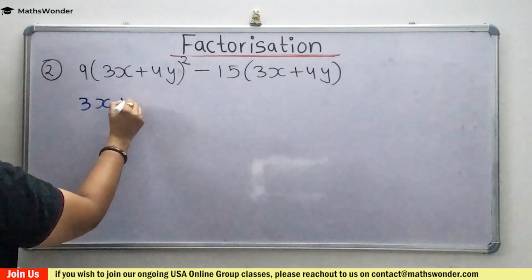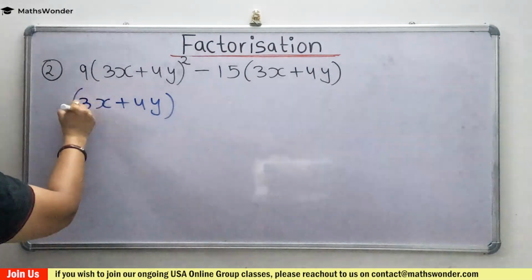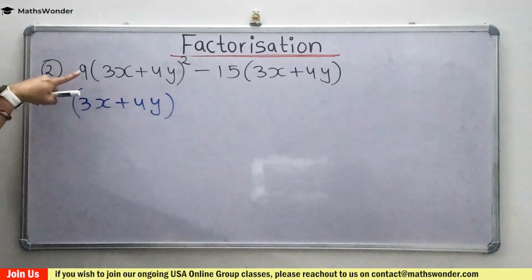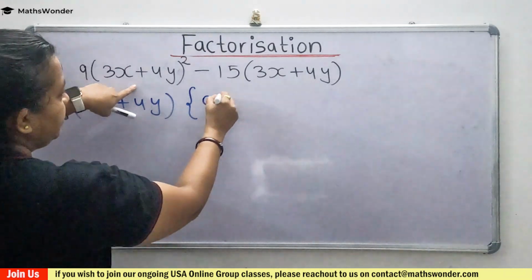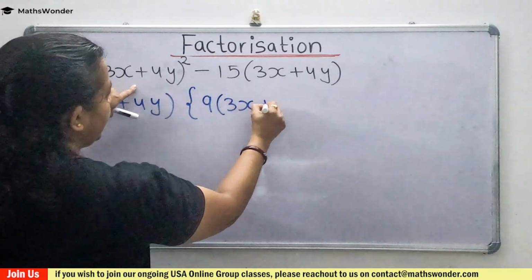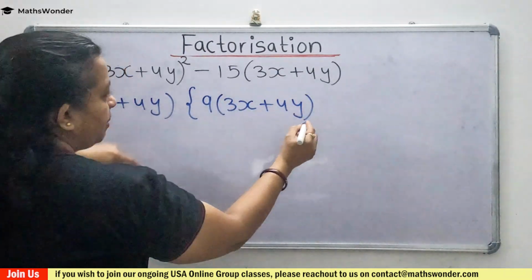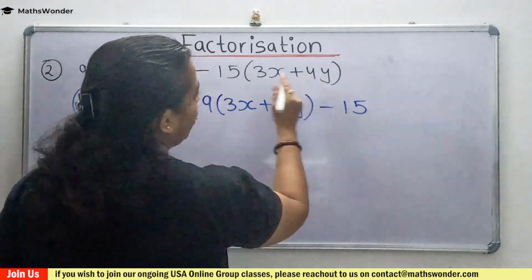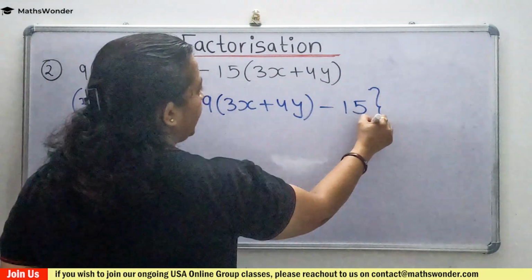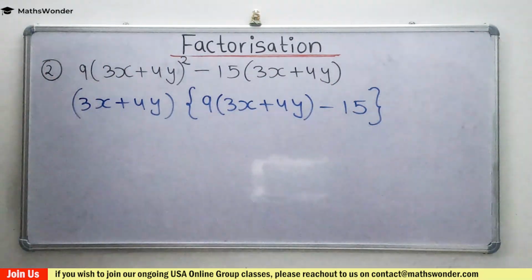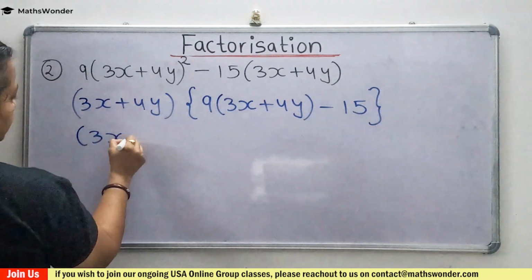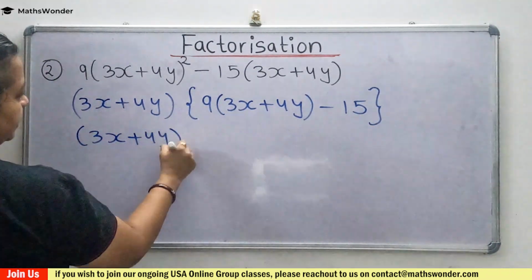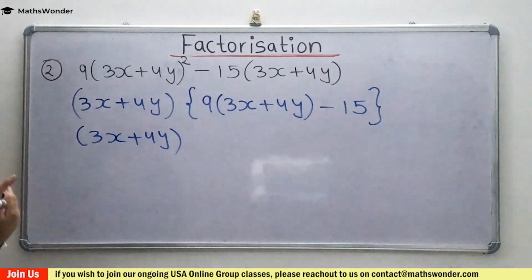So 3x plus 4y, when we take it out, what is remaining? 9 times (3x plus 4y), right? Minus 15, because it's already one time and we have already taken it out. First part is simple. We will write it as it is.